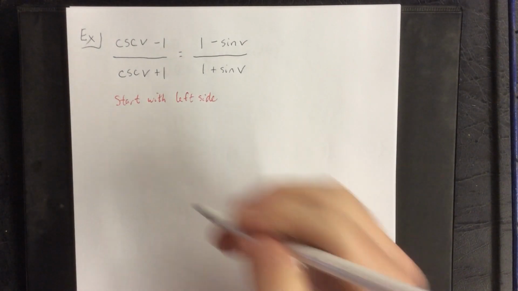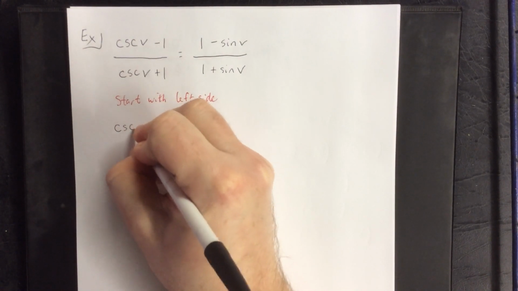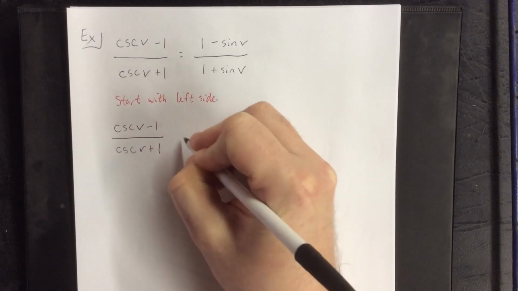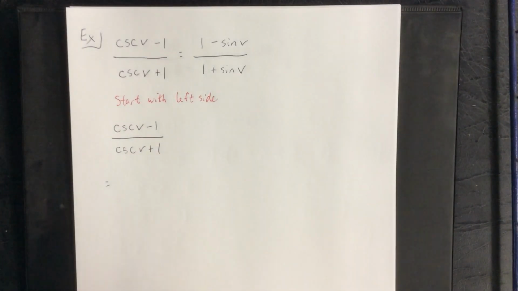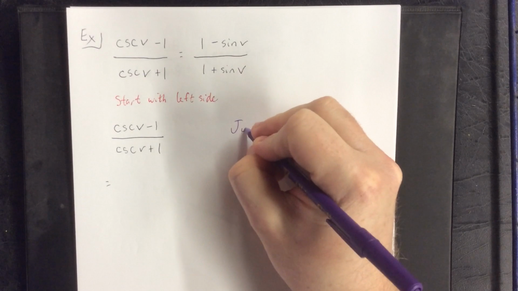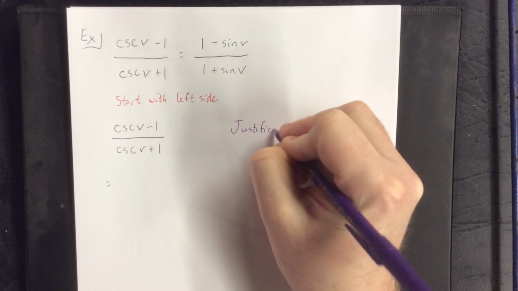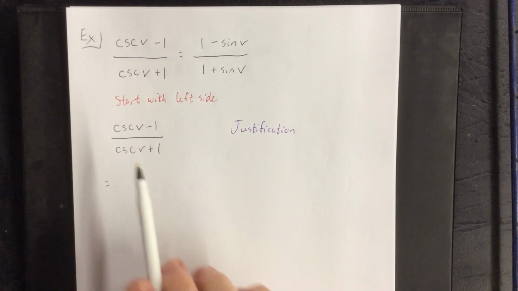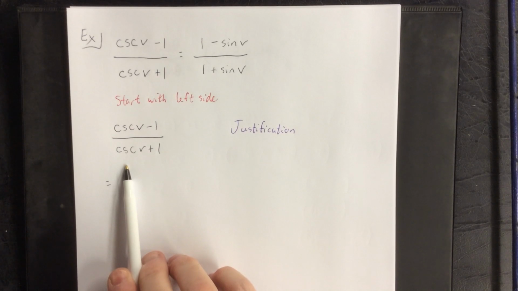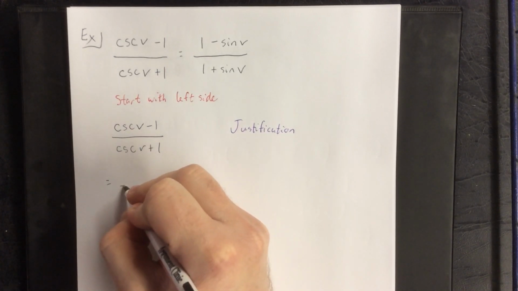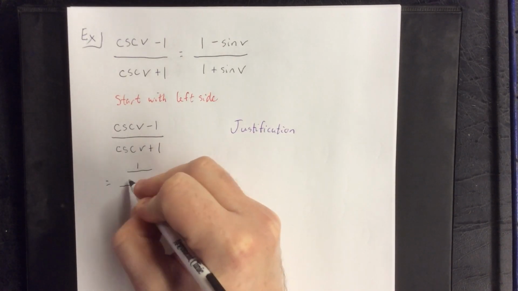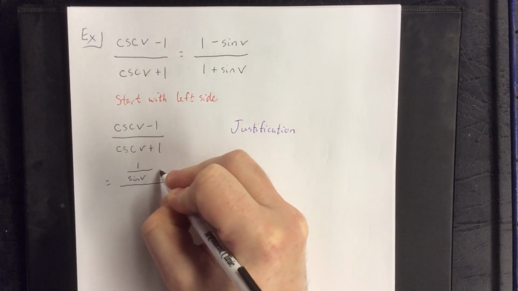So we'll call this cosecant of v minus 1 over the cosecant of v plus 1. And then to the right of that, I will start including justifications of each step. Now, one of the basic strategies that we introduced is, when dealing with things like the cosecant, the secant, the tangent, the cotangent, expressing those in terms of their sine and cosine using fundamental identities might be advantageous to us.